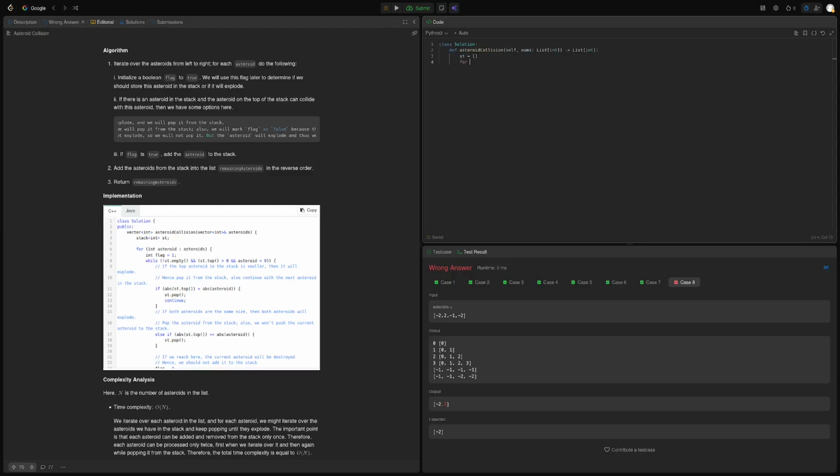For a in nums, while and this and this, so that's die, and then we have die is 1, and then or die is false, right?